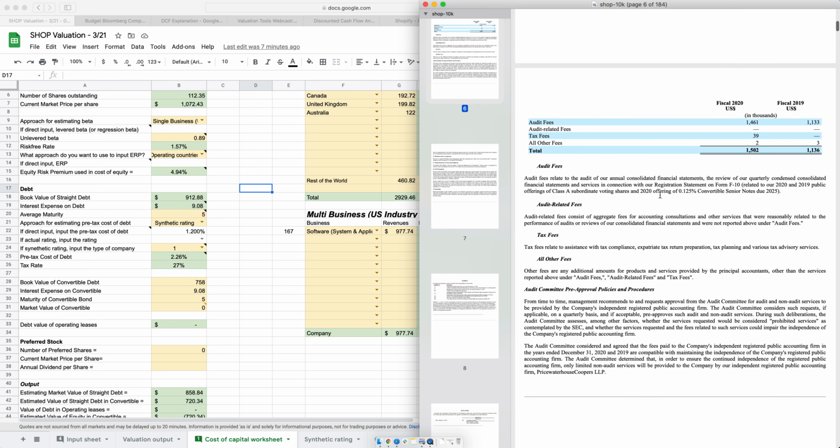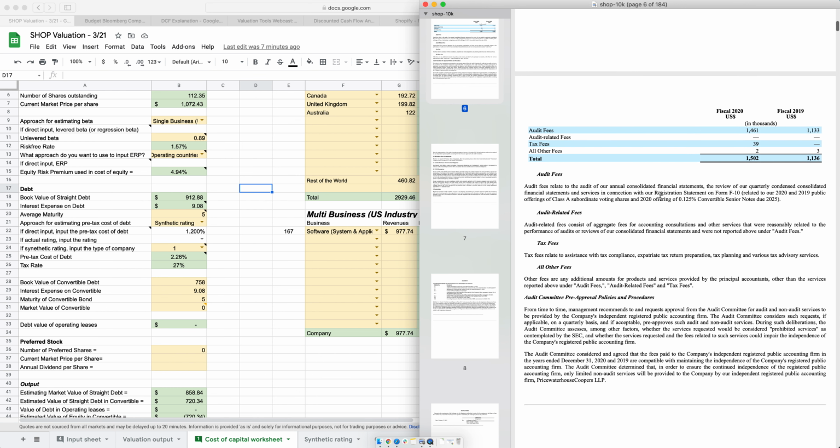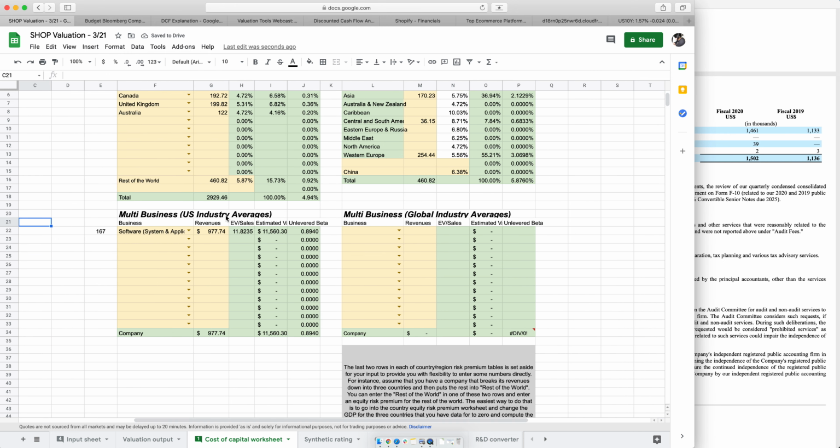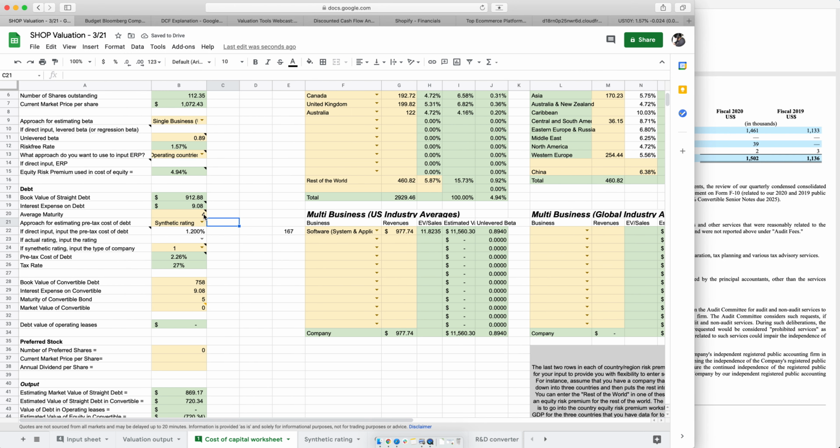Why can I not see it? Oh, okay, yeah, it says here: 2020 offering of these convertible notes due in 2025. Okay, actually, I should say 4. So average maturity, I'm just going to guess it's 4 because the current debt they have expires in 4 years.